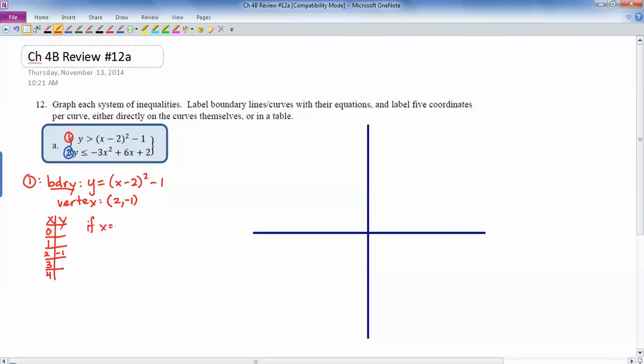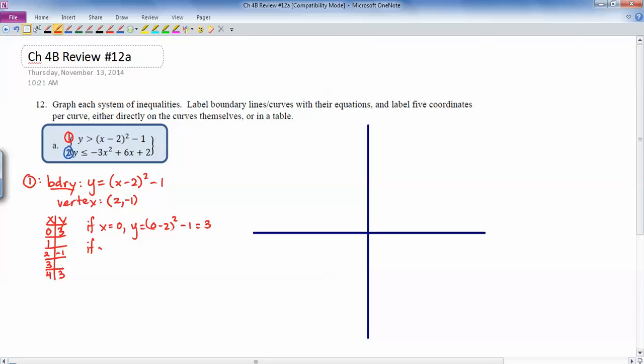If x equals 0, then y is going to be (0 minus 2) squared minus 1, which is 4 minus 1, which is 3. So when x is 0, I get 3. And similarly, when x is 4, I should get 3 because of the symmetry.